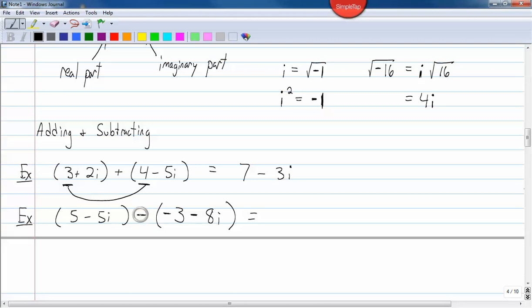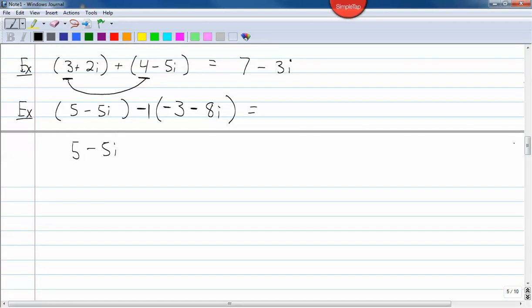So I need to distribute this negative, or say everything inside the parentheses times negative 1 before I can do any combining of like terms. So I have 5 minus 5i, and then that's going to be plus 3 and plus, because they're both negative, 8i.